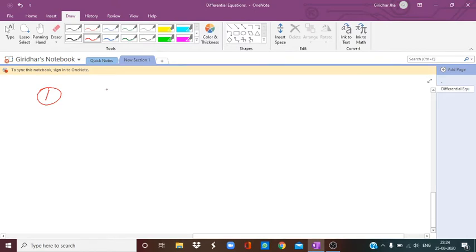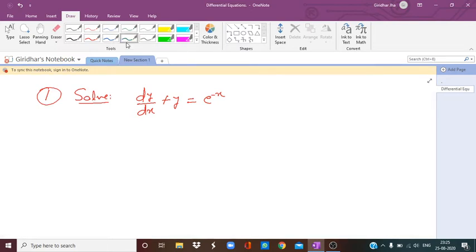Correct? So the first question I'm taking: solve, means find the solution, dy by dx plus y is equal to e to the power minus x. Now first of all, while looking at the question, we have to start with whether we can go variable separable.